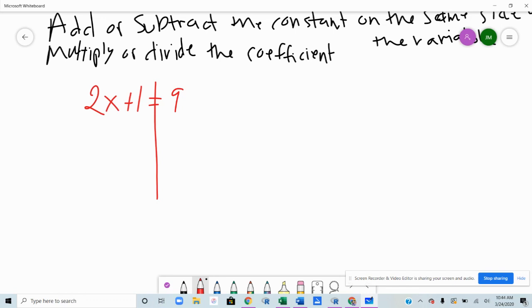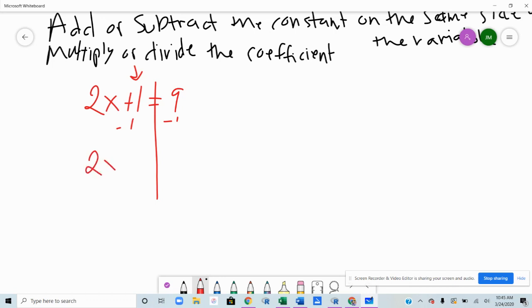Move your variable to one side. Well, if we look, we only have variable on the left side, so we're good. Now you move to adding or subtracting your constant that's on the same side of your variable. So for us, that's this plus 1. We have 2x on the left, so also we have a plus 1 on the left that we need to get rid of. Since it's plus 1, we can subtract 1.